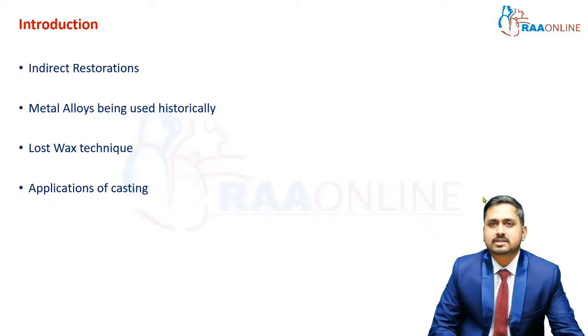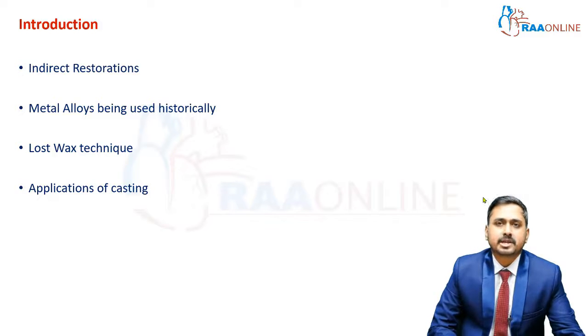The lost wax technique has been employed for millennia, not even decades; reports state that it was used even in Egyptian history. That technique has been modified multiple times, but the core of the lost wax pattern, creating a mold and pouring the molten metal alloy into it, is the same.